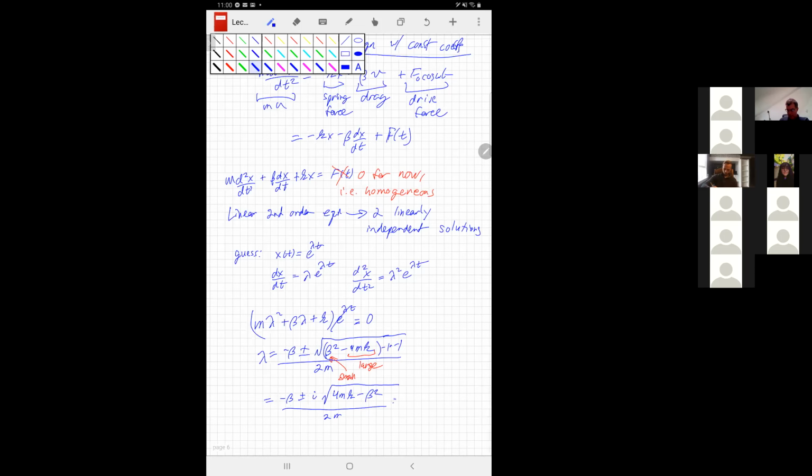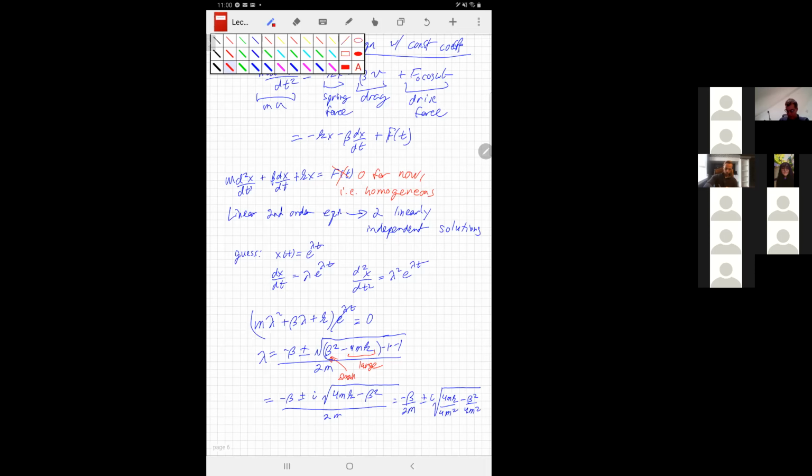And then we usually do one other thing. We write minus beta over 2m plus or minus i. 2m outside of a square root is the same as 4m squared under a square root. So I'm going to write this as 4mk over 4m squared minus beta squared over 4m squared.